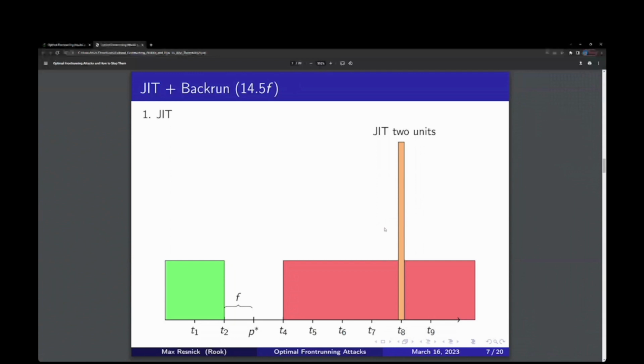It should mostly be helping the traders because it's adding liquidity, so it shouldn't be hurting the traders. But it is hurting the liquidity providers because it undercuts them.